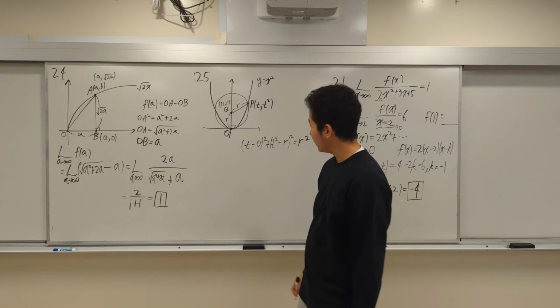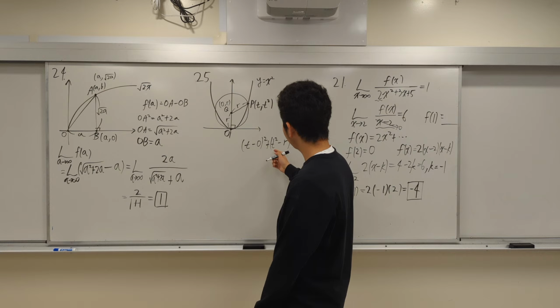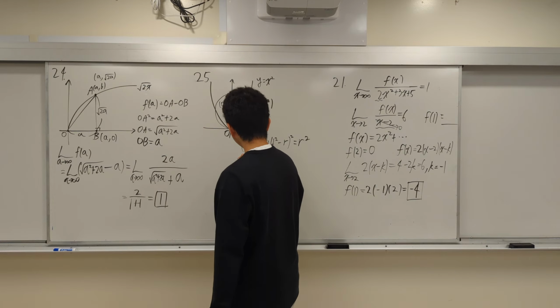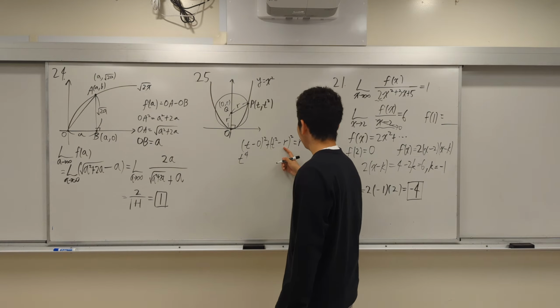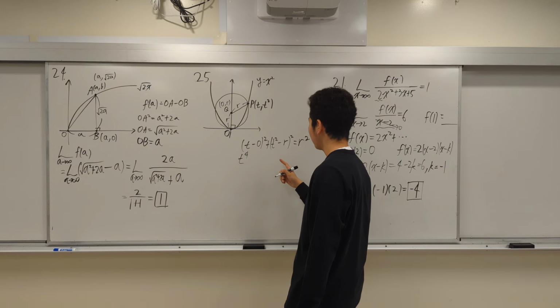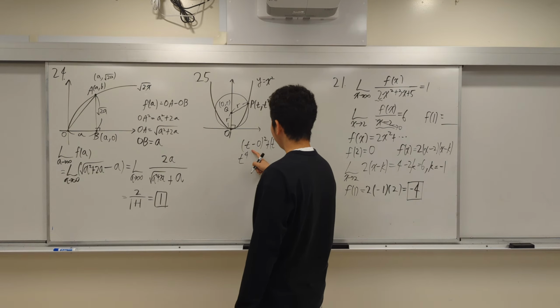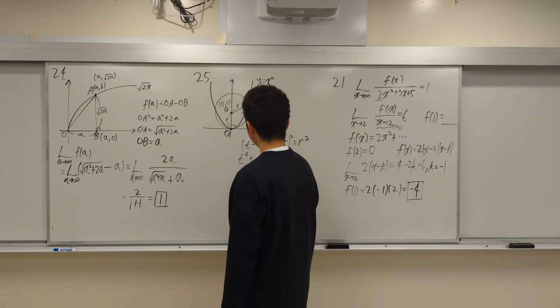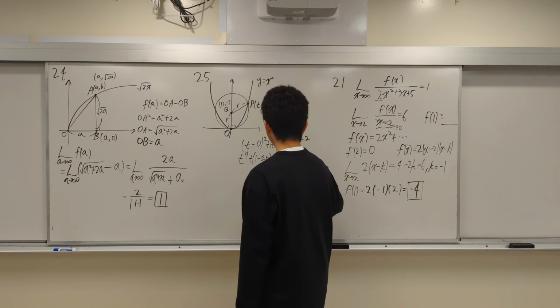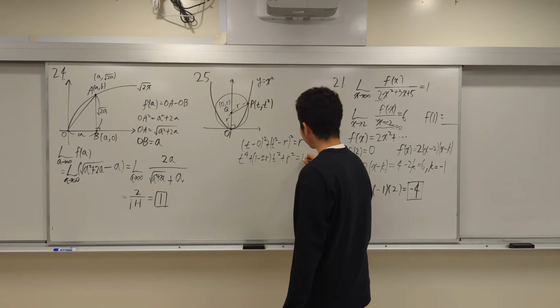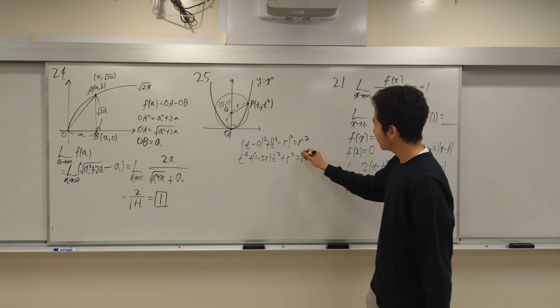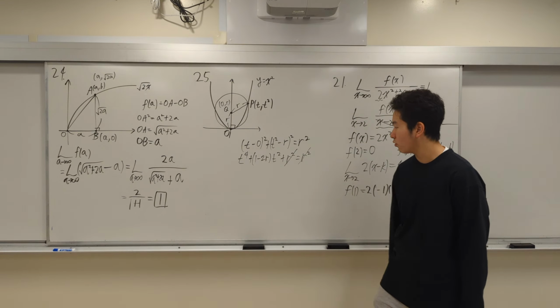Okay, and should we try to expand this? Then we get t to the power 4 minus 2r t squared, and then plus 1 minus 2r t squared plus r squared equals r squared. So we can cancel out the r squared.